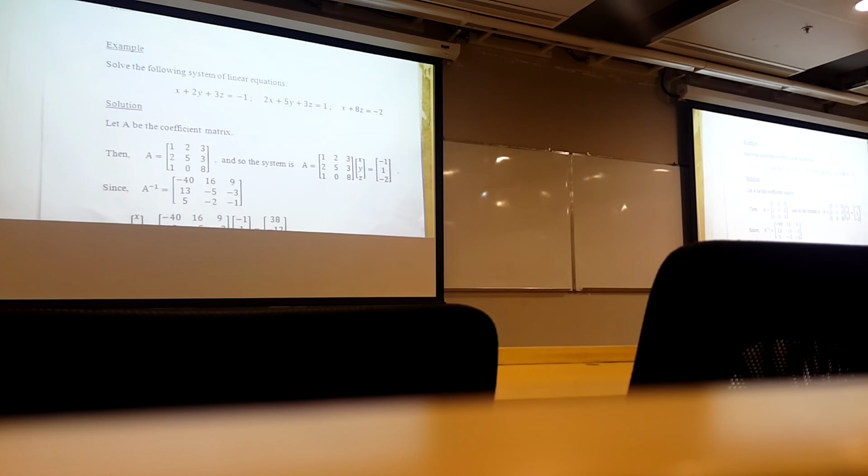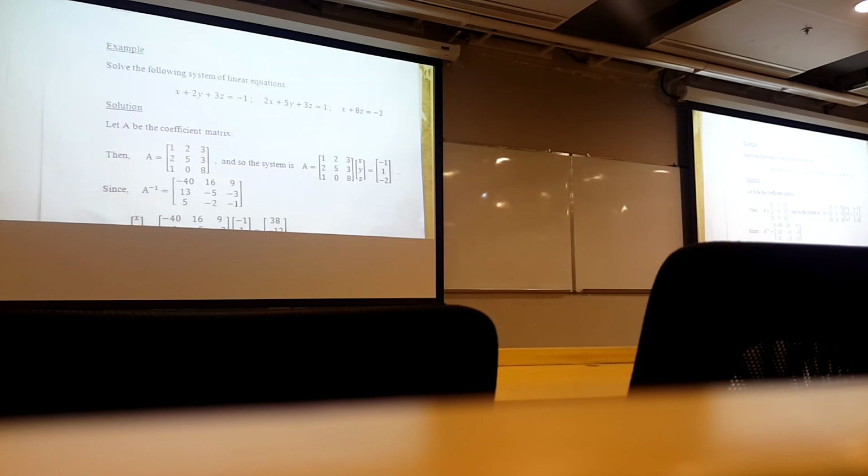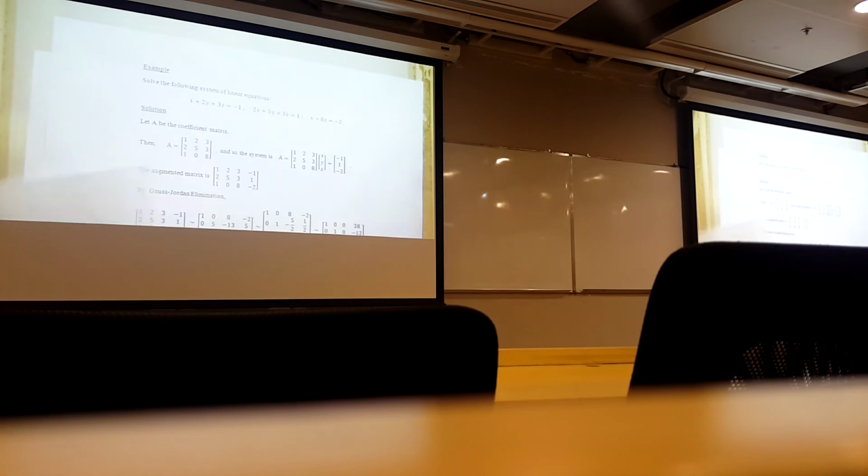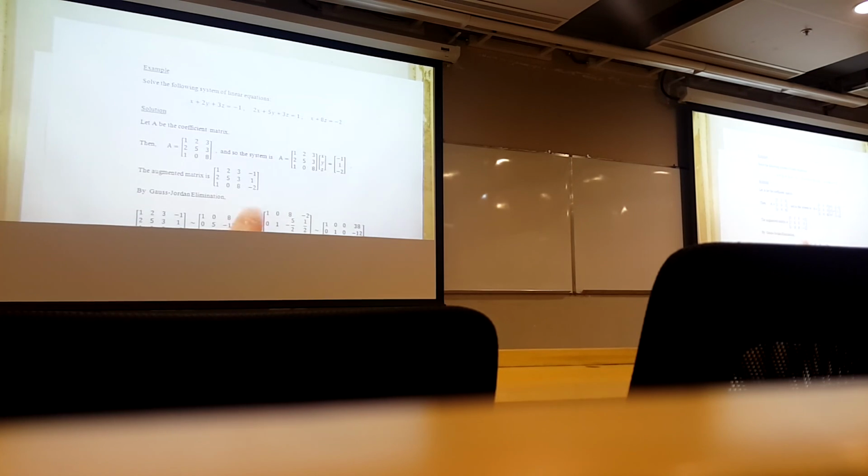If it is 0, just write inverse does not exist. Then if the inverse does not exist, you cannot use this way. You have to go back to elementary row operations. Either it's no solution or infinitely many solutions. You have to use this way if the inverse does not exist.